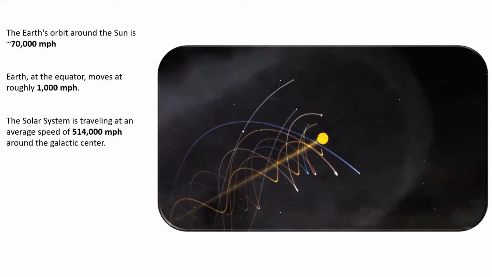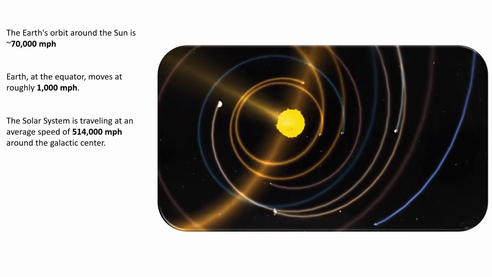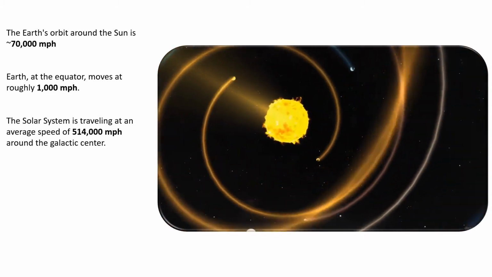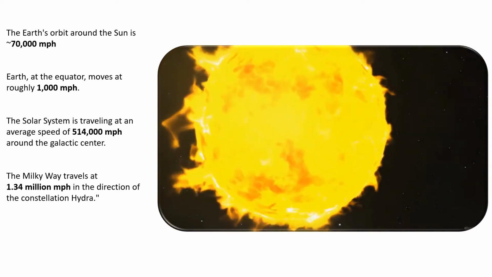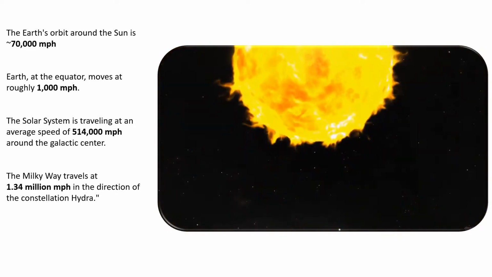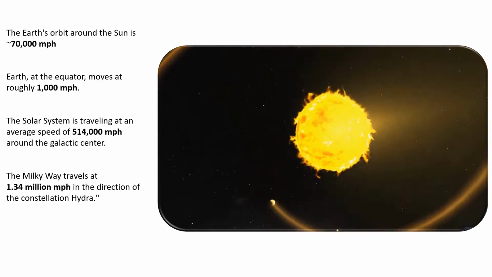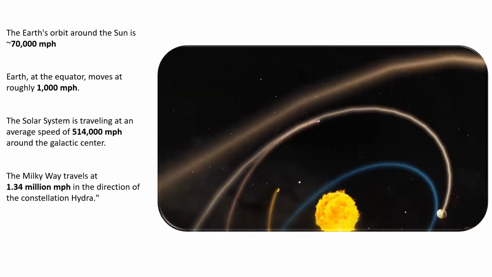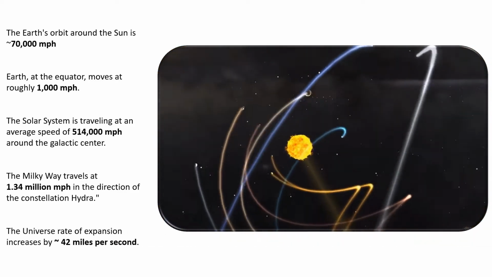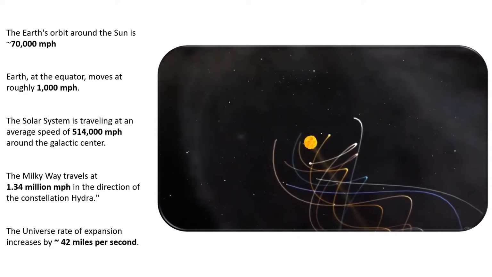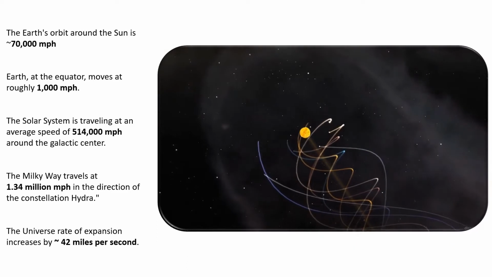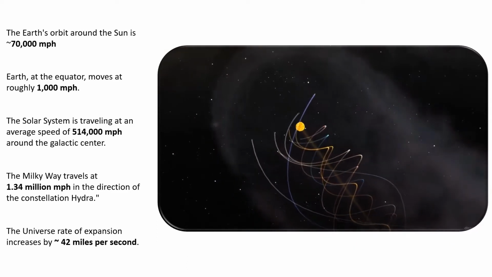The solar system is traveling at an average speed of 514,000 miles per hour around the galactic center. The Milky Way travels at 1.34 million miles per hour in the direction of the constellation Hydra. The universe's rate of expansion increases approximately 42 miles per second.